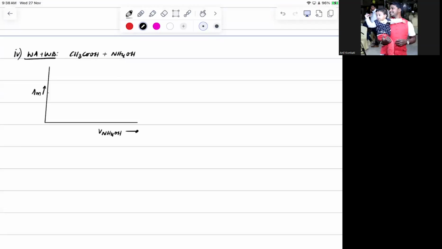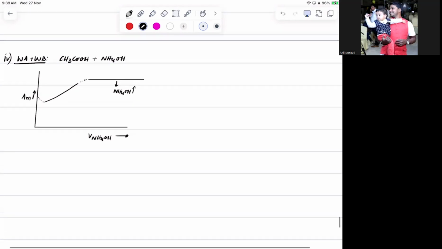Again a slight decrease here, from there it will increase, and after that it will hardly change. You will hardly see any change because you are adding NH4OH, which is an extremely weak electrolyte. So although it is added, there is no change in the lambda m value.